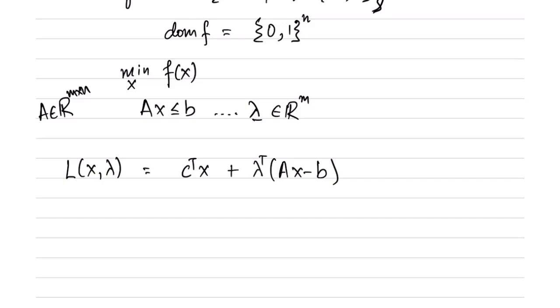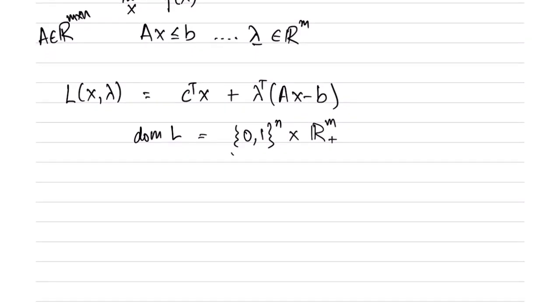We are emphasizing that the domain of L is 0, 1 vectors of size n, and lambda greater than or equal to 0. Let us call the set of 0, 1 vectors B^n, so the domain of L is B^n times R^m plus.